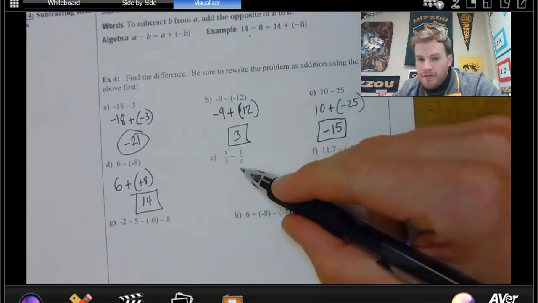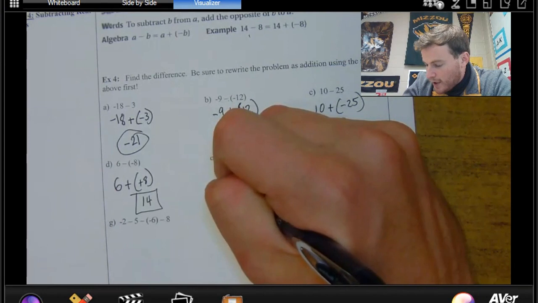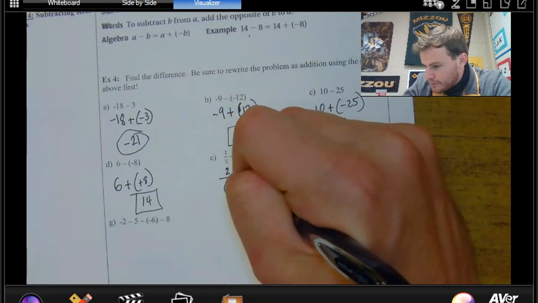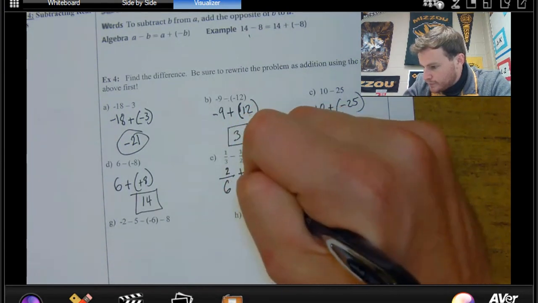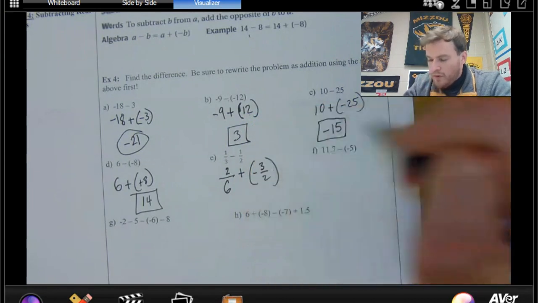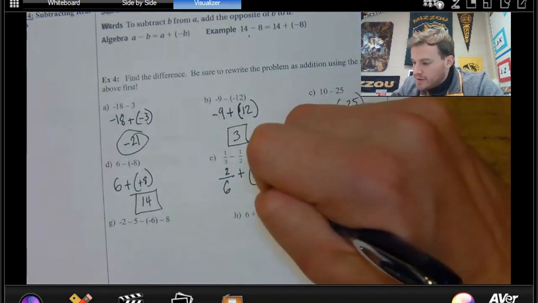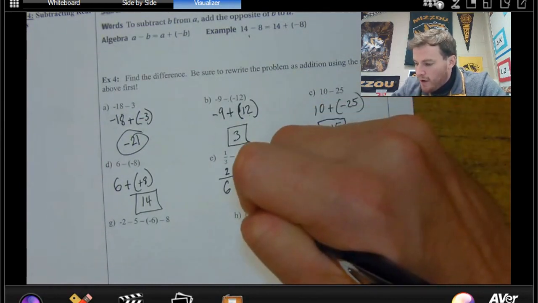Now in this one, we're going to have to deal with some fractions. No problem. We're going to make the common denominator a 6. So it's 2 over 6 plus a negative 3 over 6. So we have 1/6.